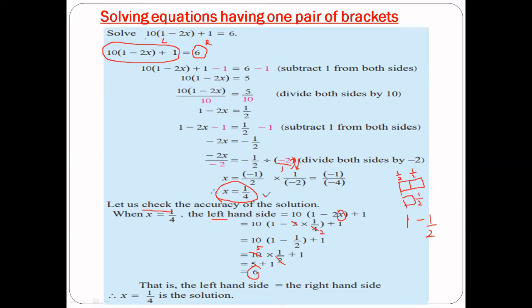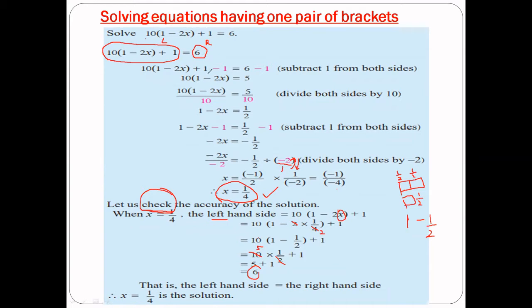Your solution is correct. So always, if in the question you have to check the solution, what do you have to do? Substitute the answer into the left hand side and check whether it equals the right hand side or not.